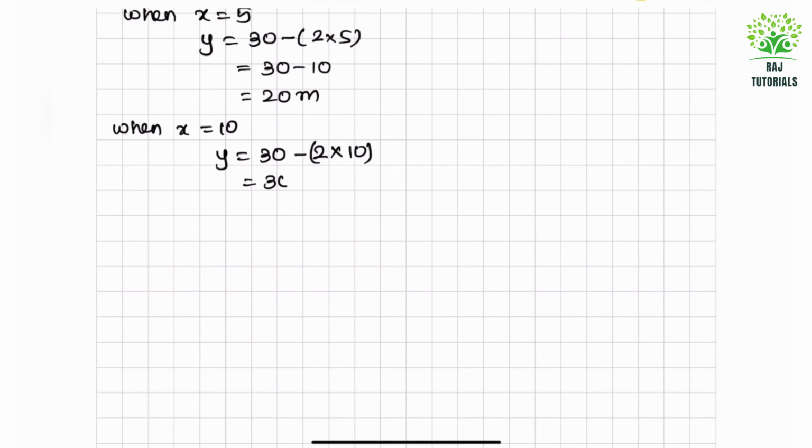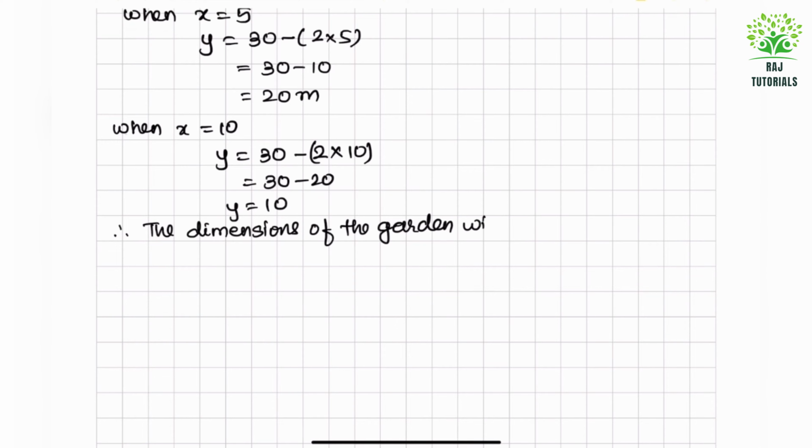So 30 minus 20, so y equal to 10. Therefore the dimensions of the garden will be 5 meter into 20 meter or 10 meter into 10 meter.